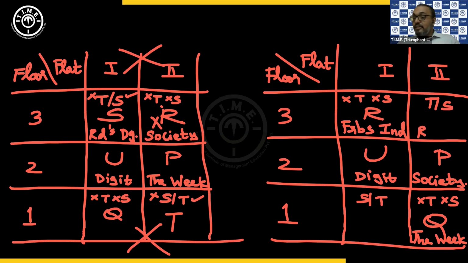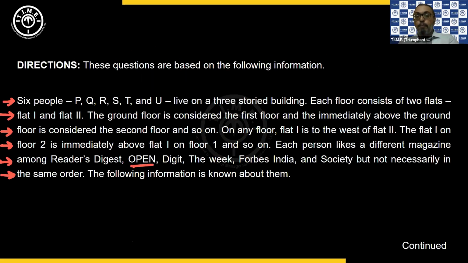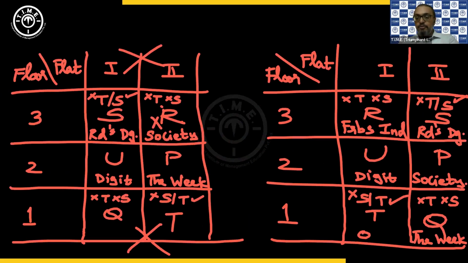Then we have Reader's Digest here. So that cannot be T, so it has to be S. So T will be given here. And then the only other magazine available is Open. So that will be given for T. That way we have our final arrangement.